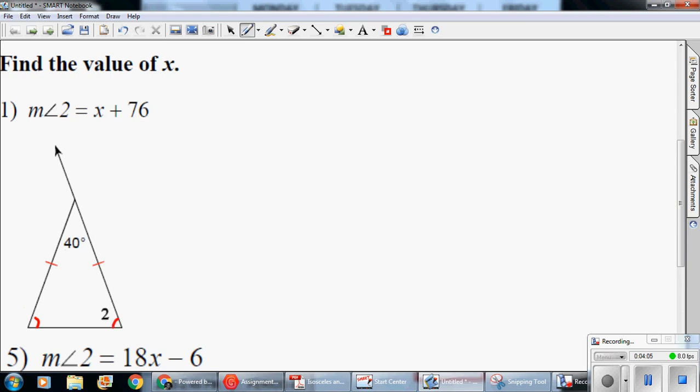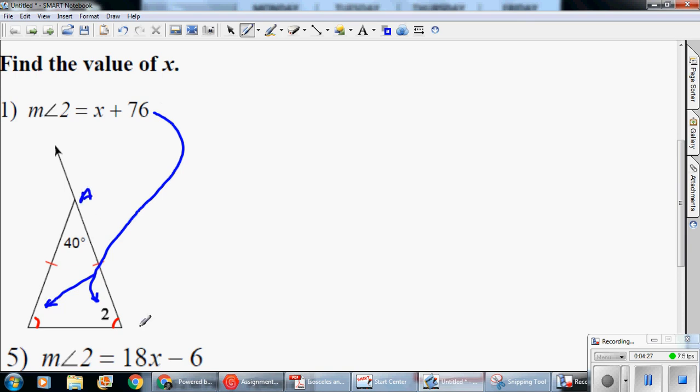Okay? Now, what they tell me is the following. Angle 2 is x plus 76. So this right here is x plus 76, and so is this. They have the same measurement. Okay?